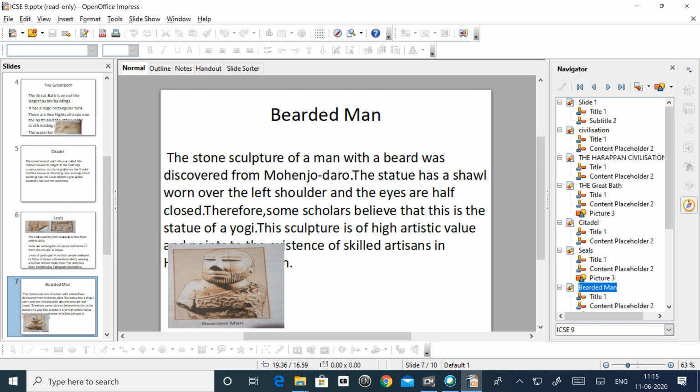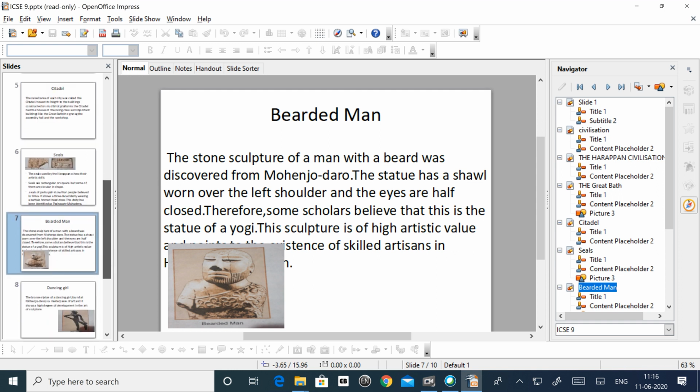Therefore, some scholars believe that this is the statue of a yogi. This sculpture has high artistic value and points to the existence of skilled artisans in the Harappan civilization. That is the fourth source of Harappan civilization, bearded man.